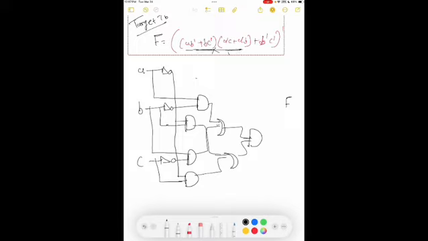So we create the equation here, then we have B prime C prime, and then both have an OR, and the prime. Because of this prime we got the F.